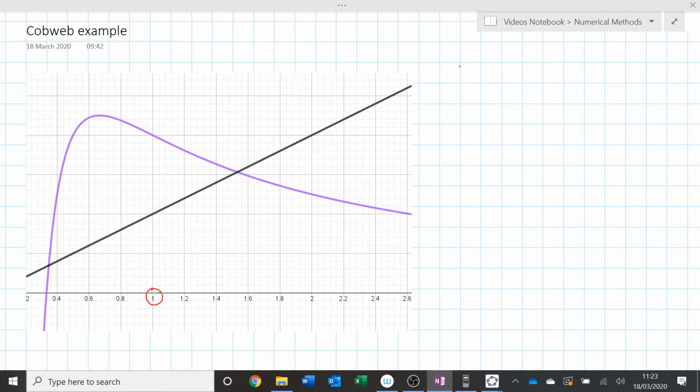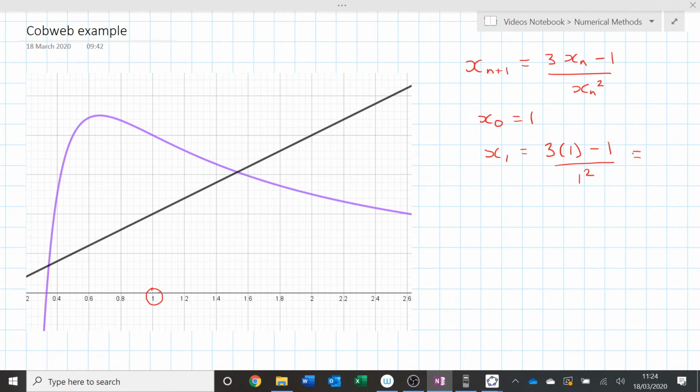So my new iterative formula is xn plus 1 is equal to 3xn minus 1 over xn squared. I got that from the previous example. I'm going to take x0 to be 1. So x1 is equal to 3 times 1 minus 1 over 1 squared.